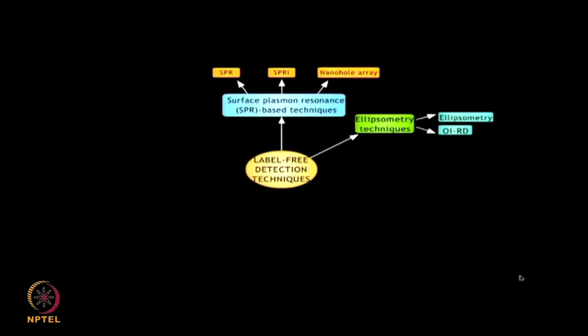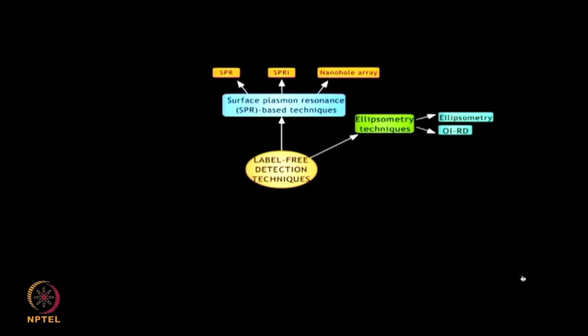Ellipsometry based techniques. First, ellipsometry. The change in polarization state of reflected light arising due to changes in dielectric property or refractive index of surface material is measured.